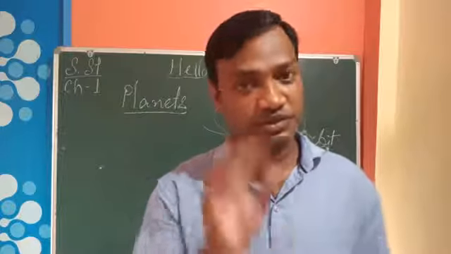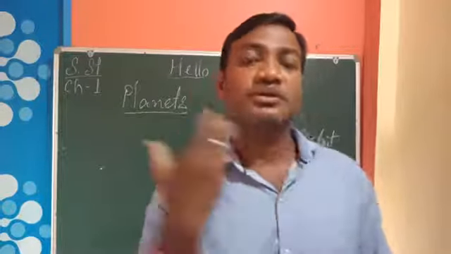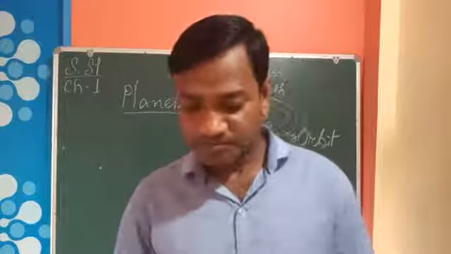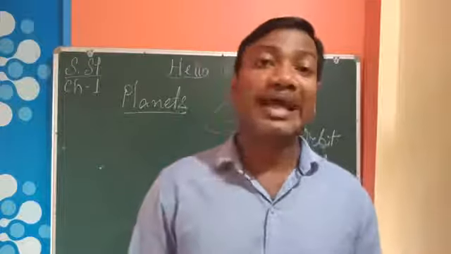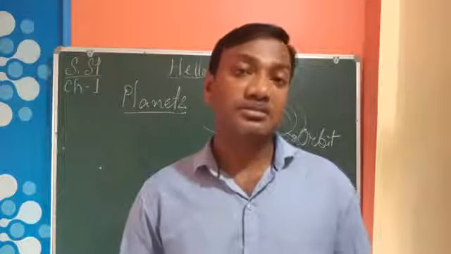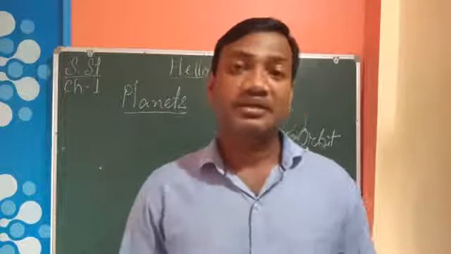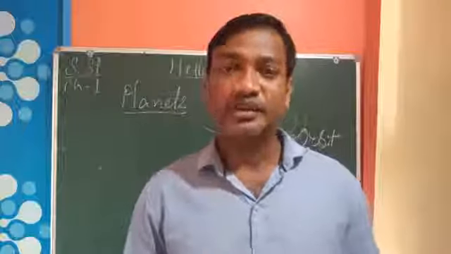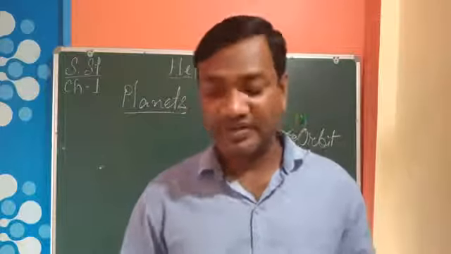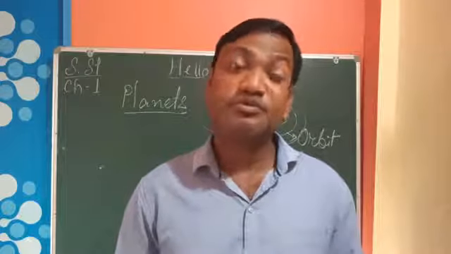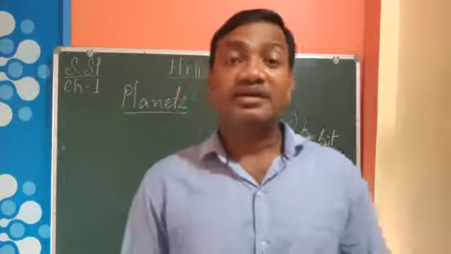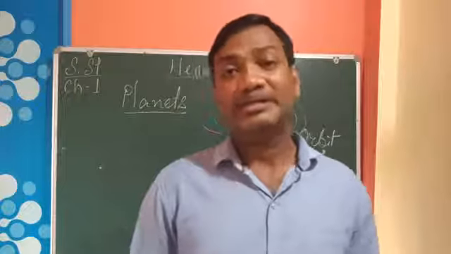So it also spins and it also revolves around the Earth. And it can be seen clearly only at night. If we want to see the moon, we have to look at the night sky, then only we can see it very clearly. It does not have any light. This moon, though we see it very clearly, has no light.